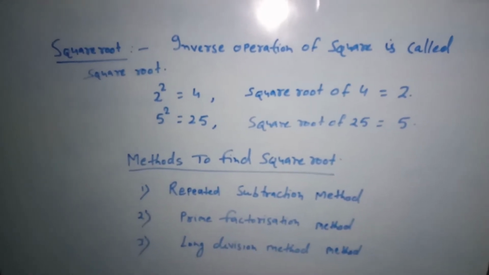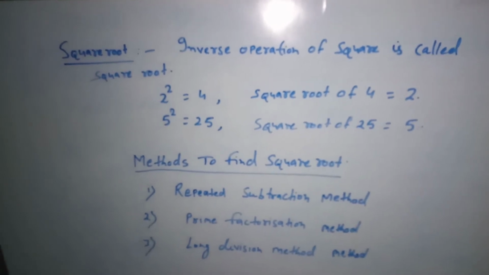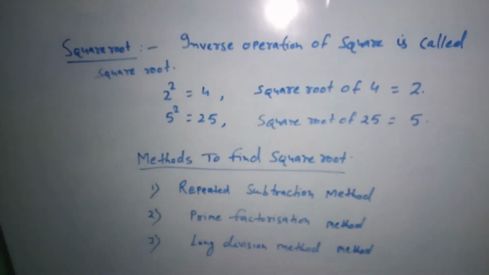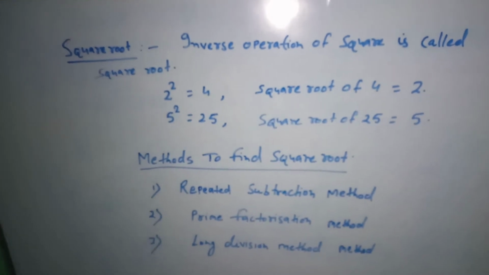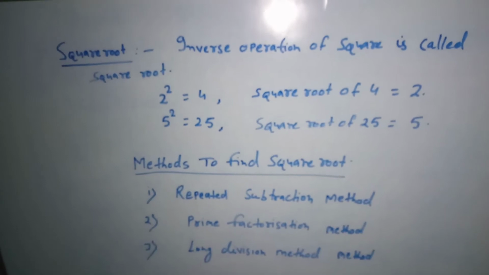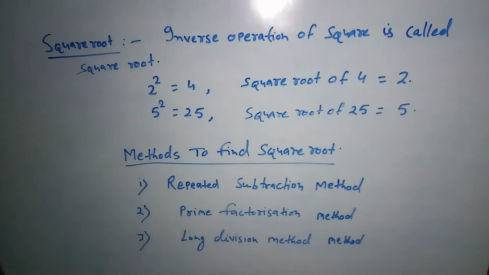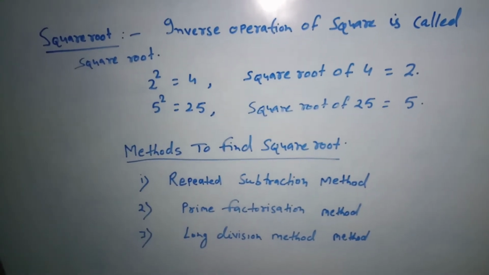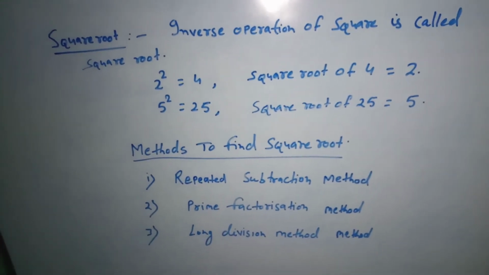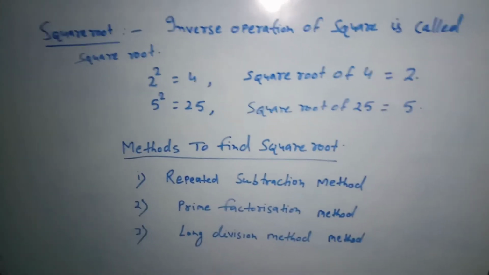Suppose we take the square of 2: 2 square equals 4, then we can say that the square root of 4 equals 2. Another example: 5 square is equal to 25, then the square root of 25 equals 5. So this is the square root.